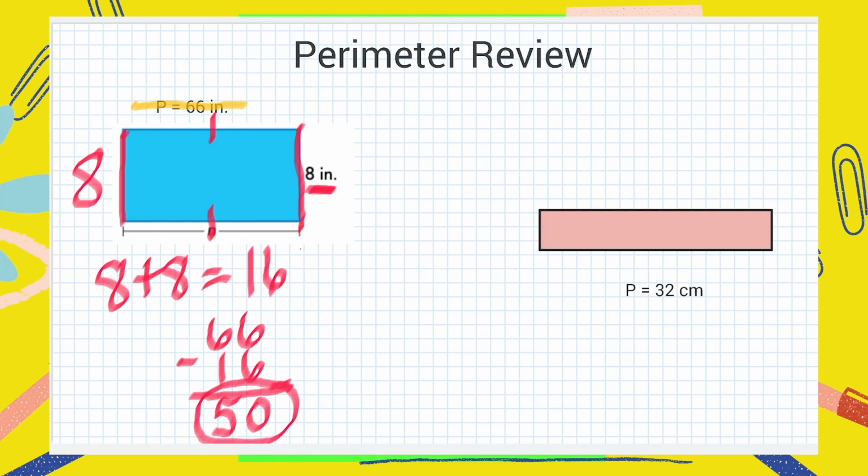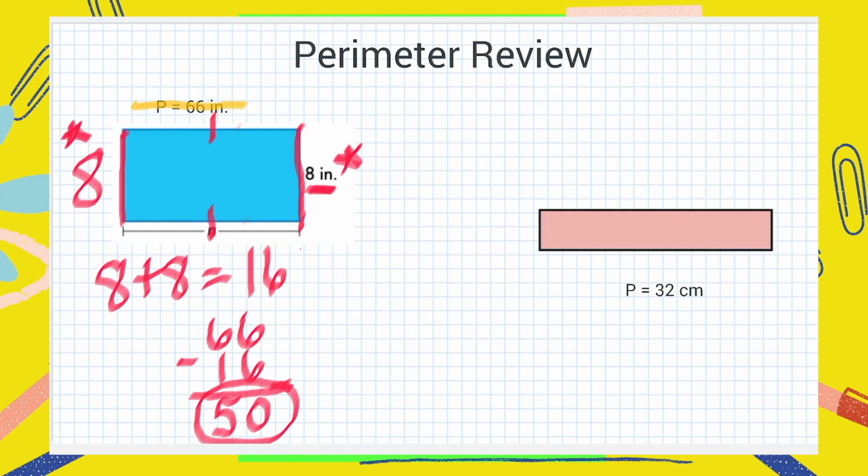Now, if this side equals 8 inches, and so does this side, that means that these two sides are going to be the same amount. What two numbers can I double to get 50? If you don't know, I'll give you a hint.